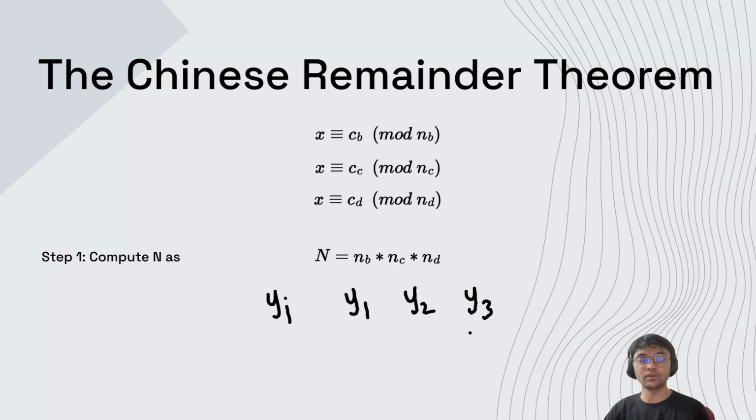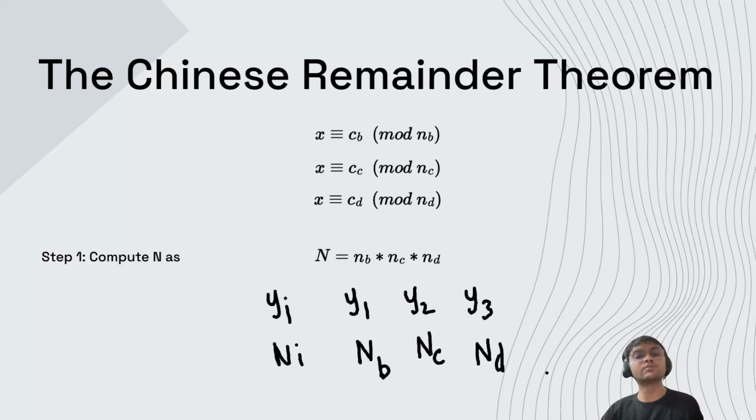A variety of textbooks use different notations for the same expression. The y_i's are also represented as N_i's, and here the N_i's take the form of Nb, which is equal to y1, Nc, which is equivalent to y2, and Nd.